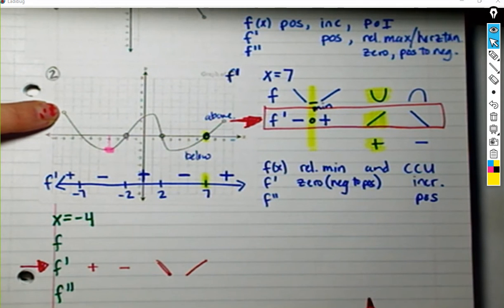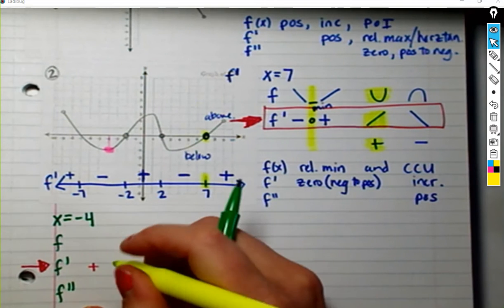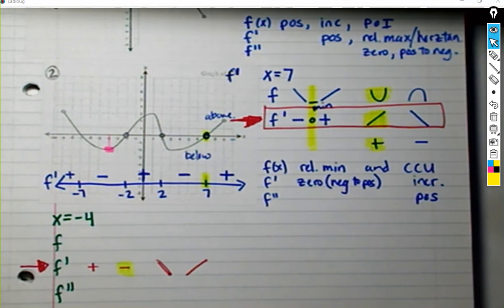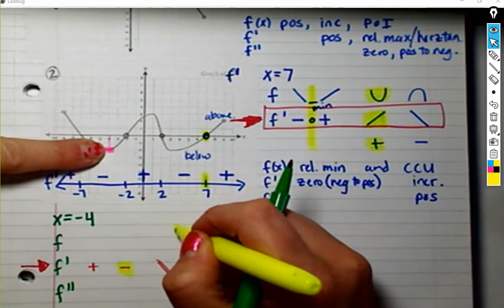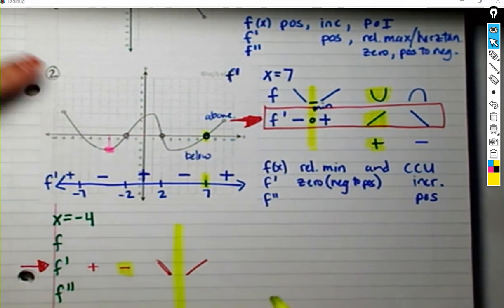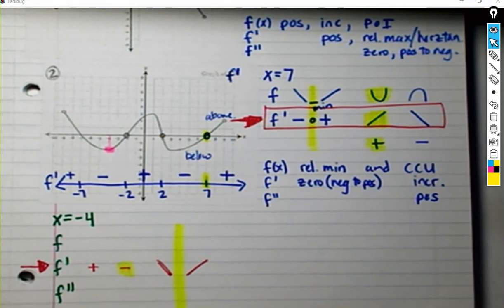And I actually see that it's negative because it's below the axes. So f prime is negative and it's between, right? It's a minimum.